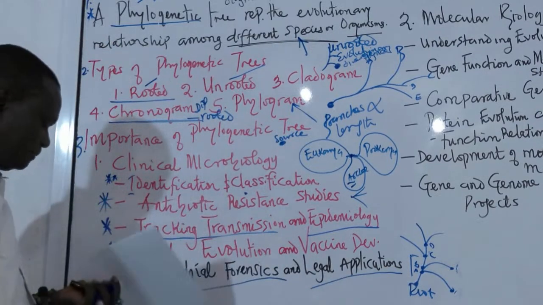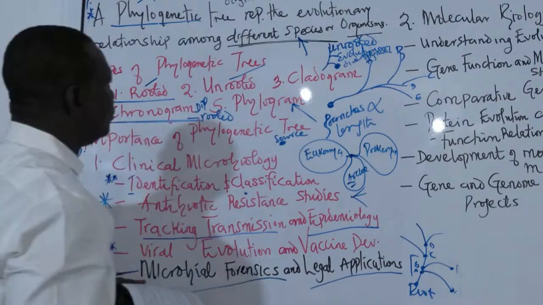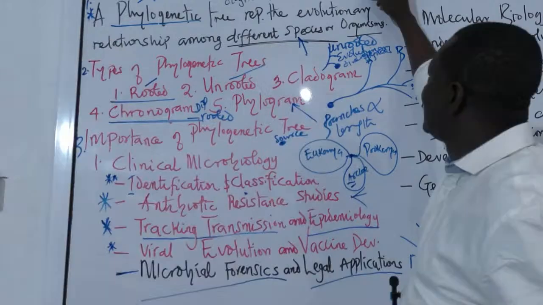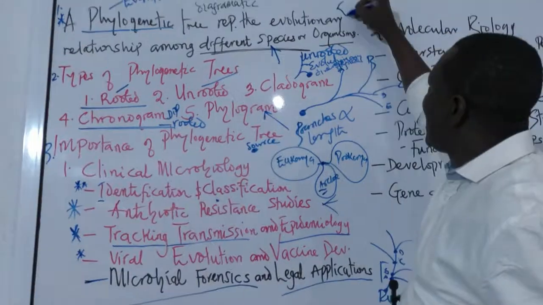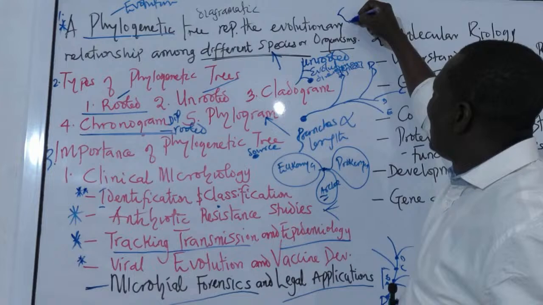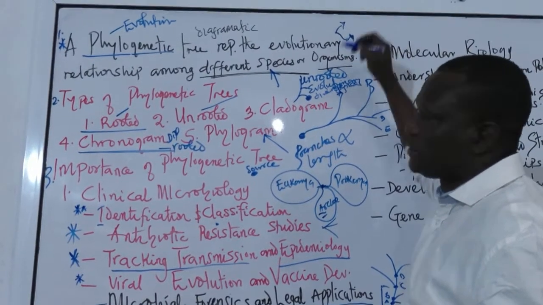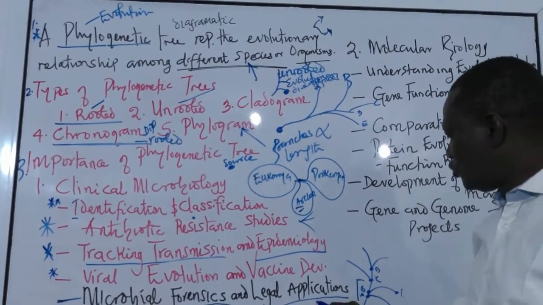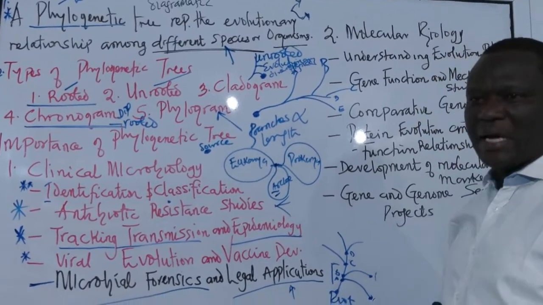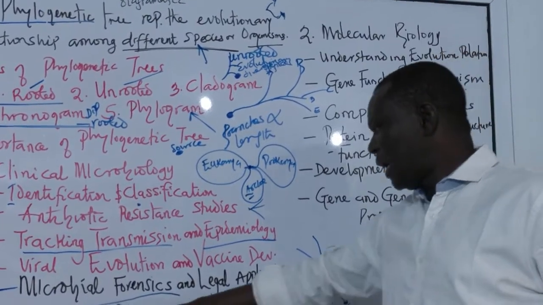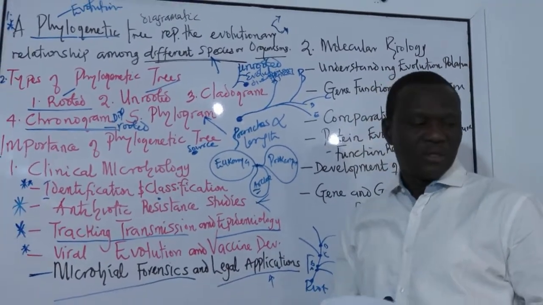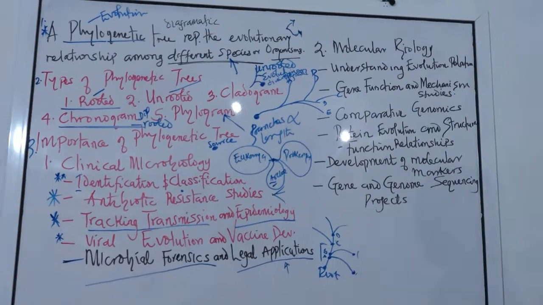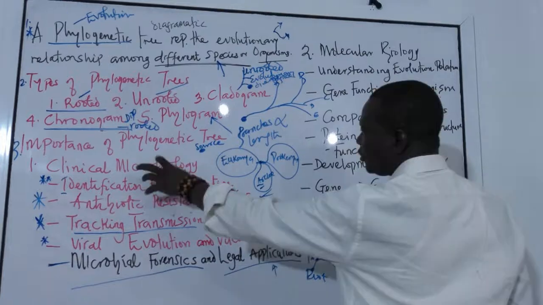For example, if you isolate similar or related microorganisms from two criminals, you can use that to detect whether there is a real link. That is the application in forensic microbiology.